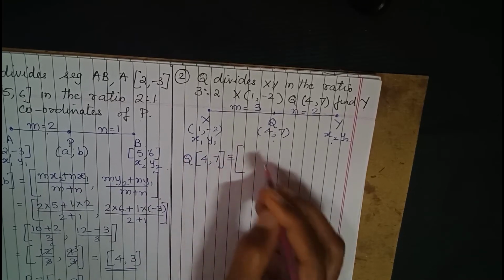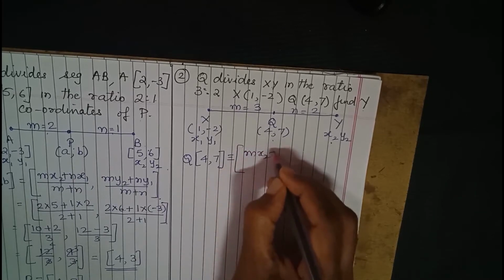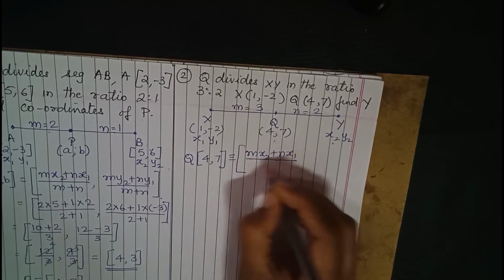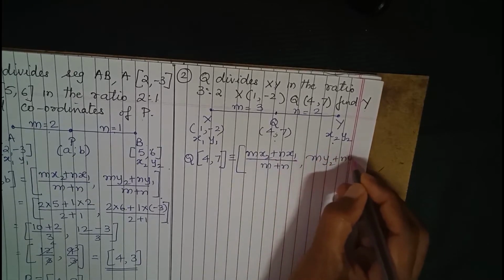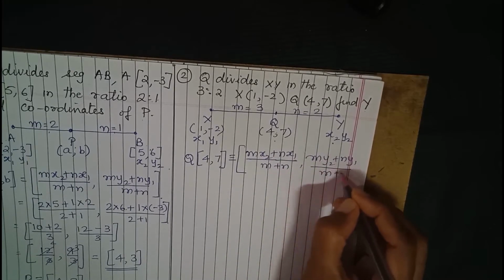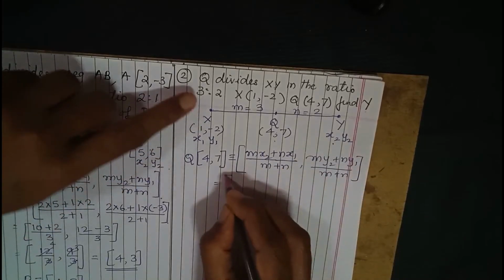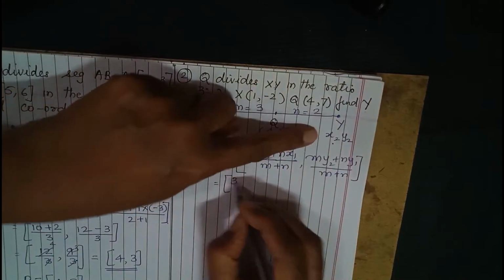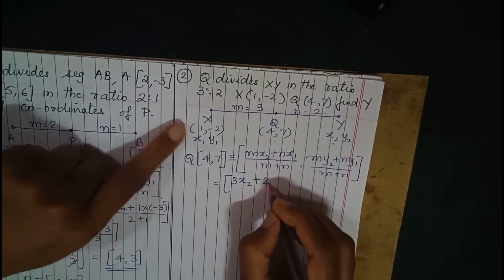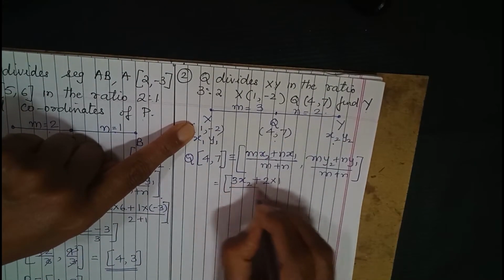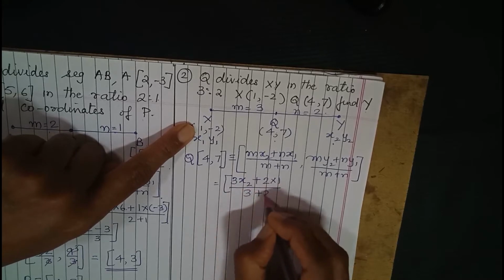What will be the formula? Again, we have the same formula, (mx2 plus nx1) upon (m plus n), (my2 plus ny1) upon (m plus n). Let us substitute the values now. M is 3, x2 we do not know, so we leave it as it is. N is 2 and x1 is 1 upon m plus n, that is 3 plus 2.